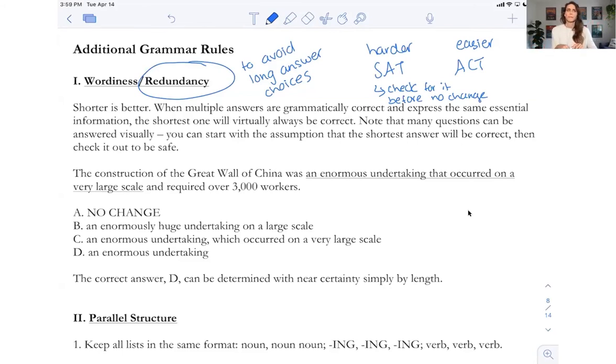So they will say, last summer I went to Italy, and then 5 sentences down say, I really enjoyed that pizza I had in Italy, but you already told the reader you're in Italy. But when you're just reading that one sentence, it doesn't sound wrong, and it can be tempting to just say no change, unless you go and search to see, is any information in that sentence repetitive?